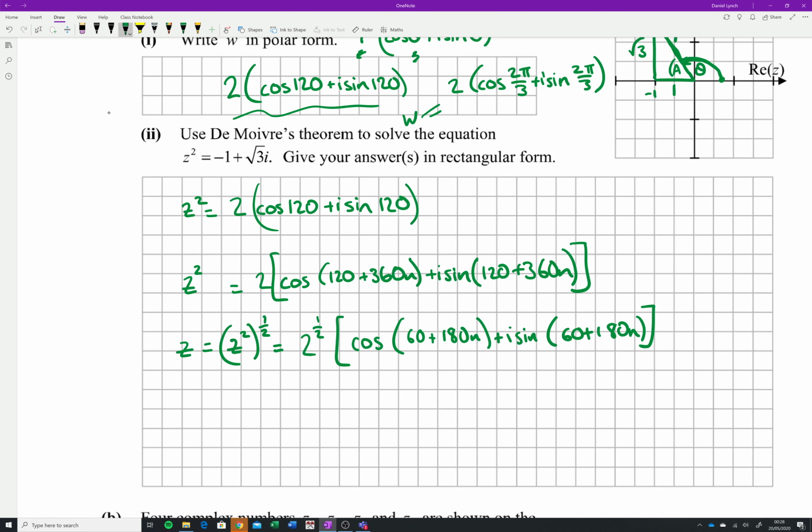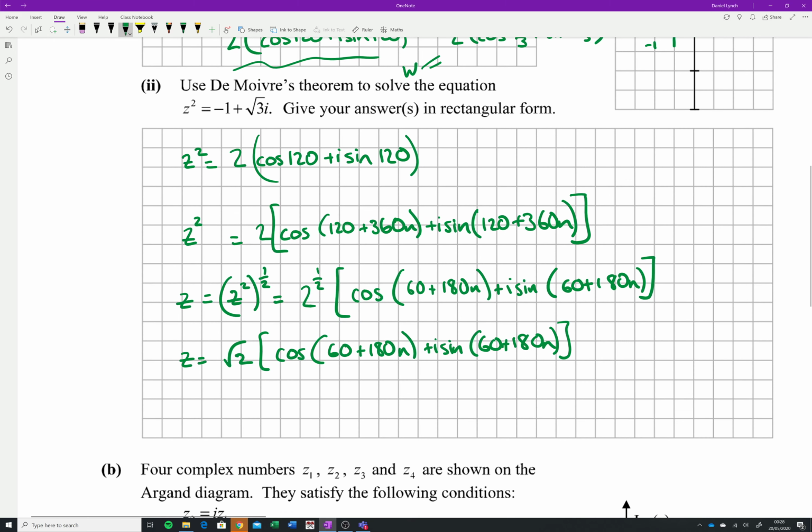Okay, so there we have it. We have z is root 2 multiplying the cos of 60 plus 180n plus i sine 60 plus 180n. And remember, because we're going from z squared to z, we expect to have 2 answers. So it's up to you to take 2 different but consecutive values of n is what I would suggest.